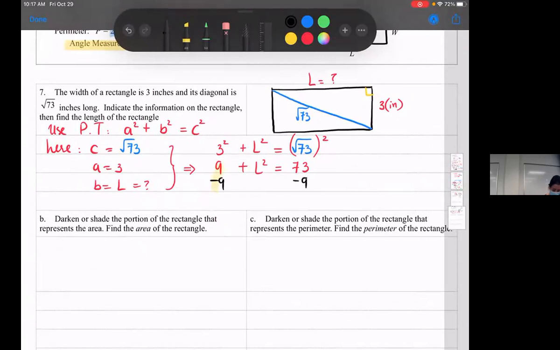You can always watch it again too. L square equals 64. Square root both sides. You don't have to put plus minus like I do, but it's a good habit to have. So again, square and square root cancel. L equals 8 inches. Cool. Do you have any question on this one?